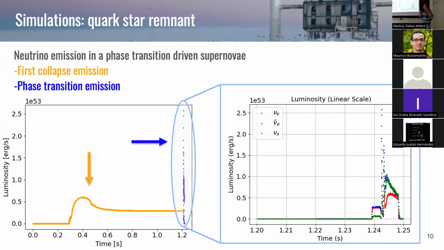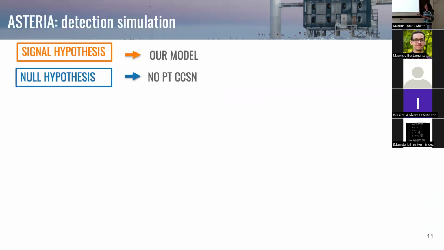It expands and contracts again a couple of times after it stabilizes. So we see this ringing, as they call it, in the luminosity, which is super interesting because we can know things about how the neutrino spheres are moving while the quark star is forming. And here we will have, after the formation, the cooling process and the zero luminosity.